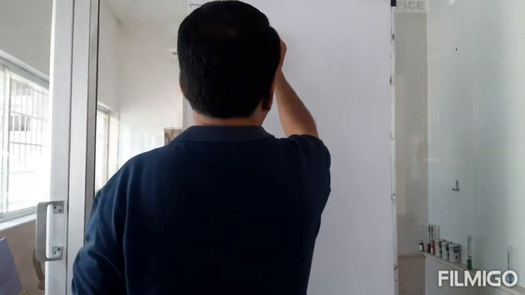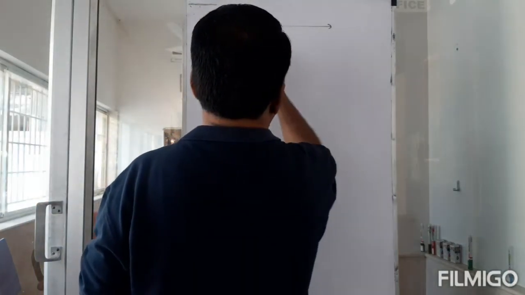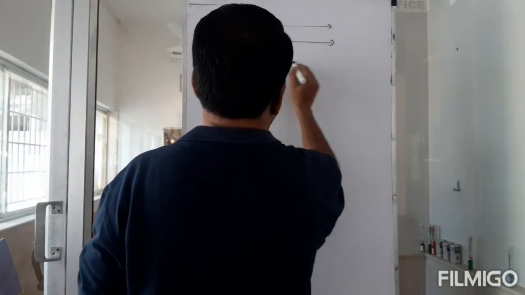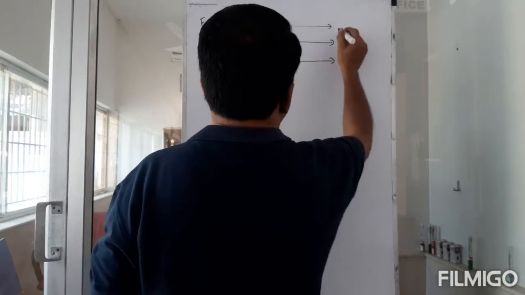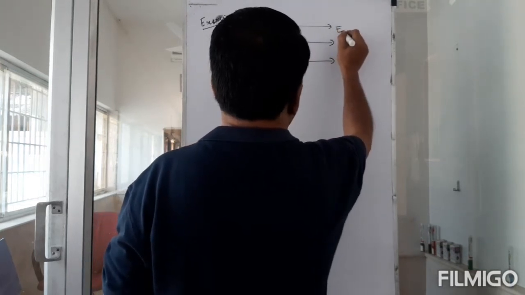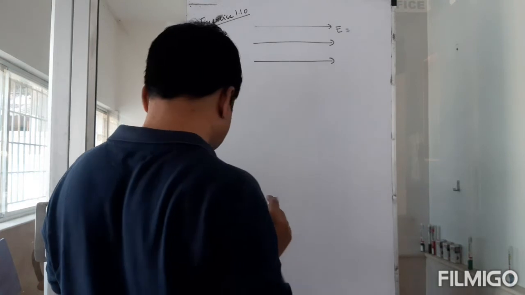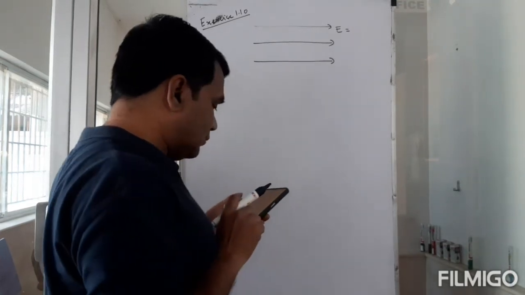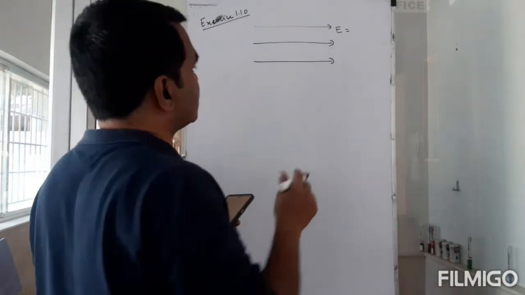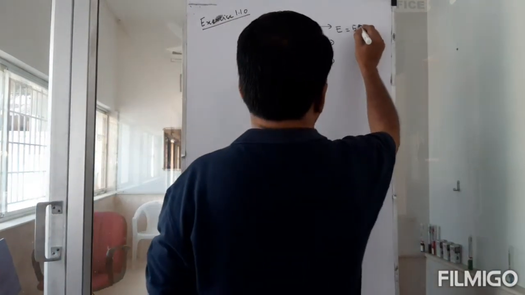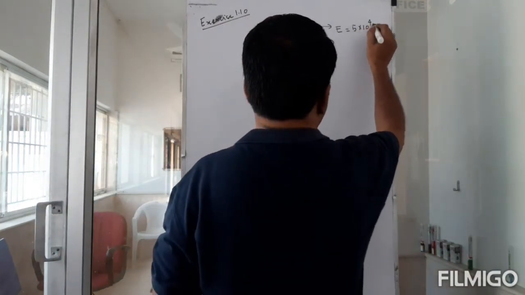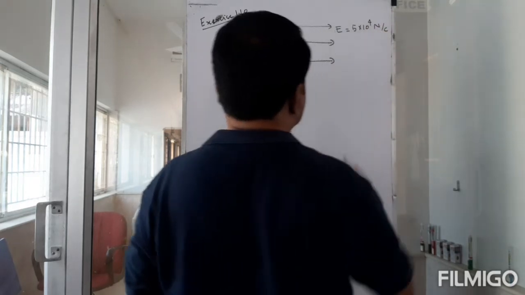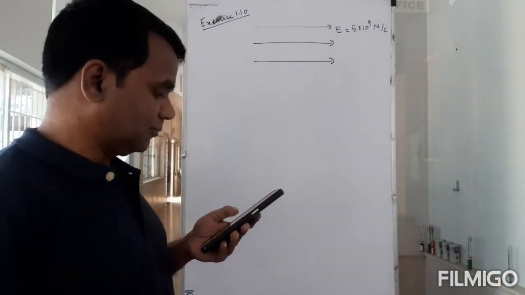So, uniform electric field. So, the field is like this. The E value is given. Okay? So, E, the field value is given to be 5 × 10⁴ Newton per coulomb. So that's my E here.